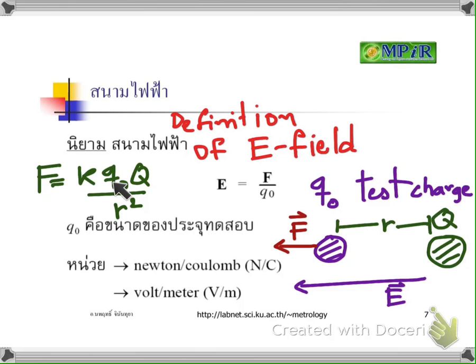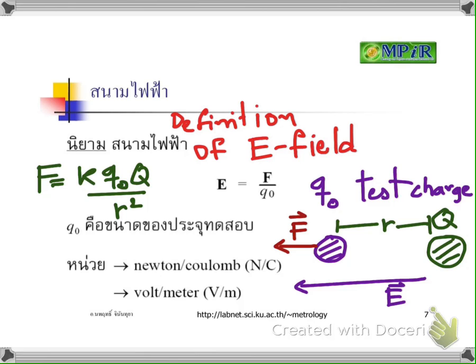The problem is that this electric field comes from the same big Q. So we should assume that the electric field from this charge should be the same. It's independent of the test charge, right? Because it is an electric field from the same charge.